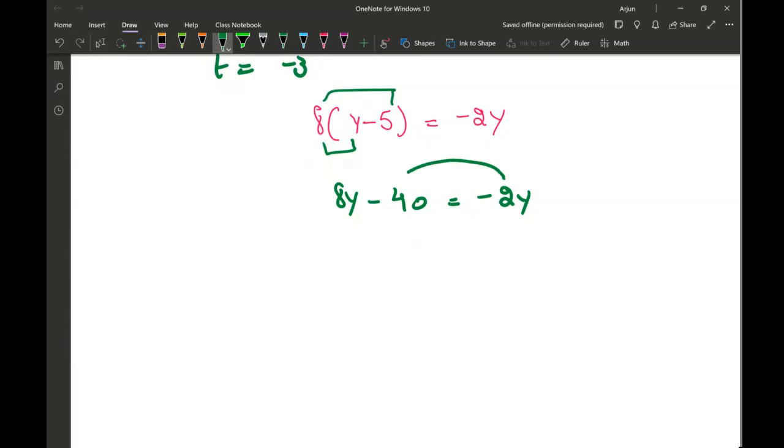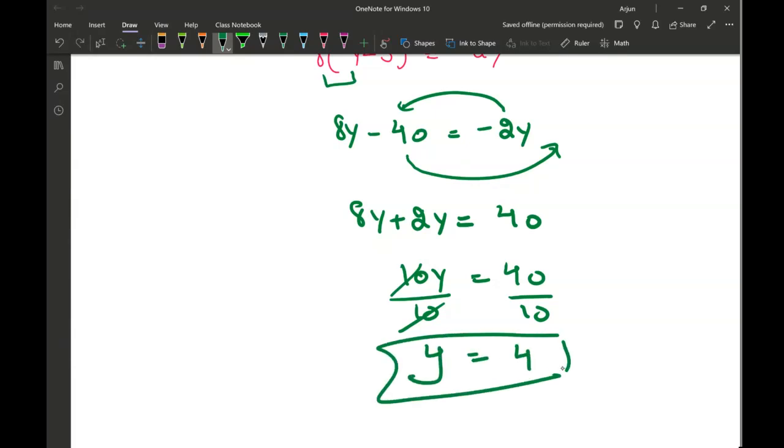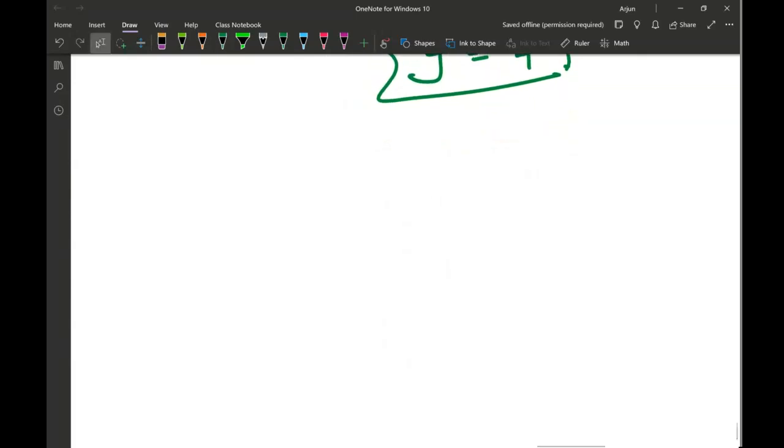And now this 2y is going to go on this side, and the negative 40 is going to move to the right hand side. 8y plus 2y is equal to 40, which is 10y equal to 40. Dividing both sides by 10, and the final answer for y is equal to 4. Boom, we got our answer for the given question.